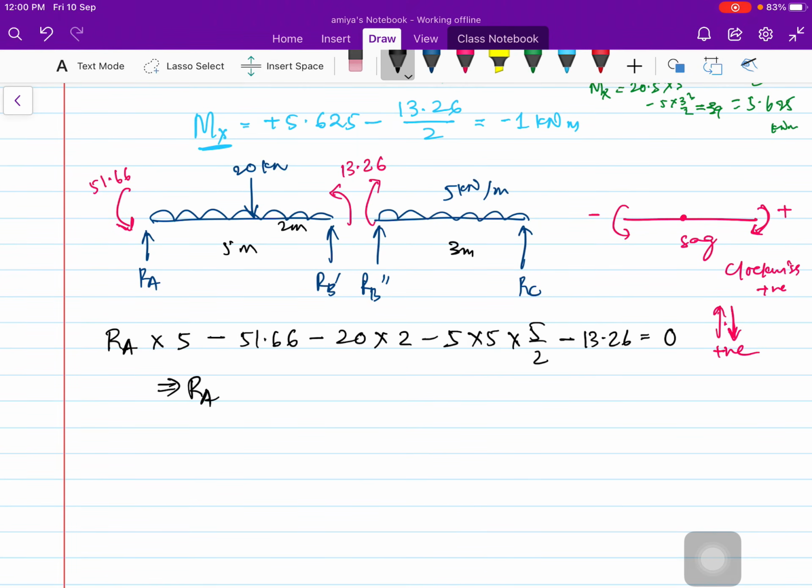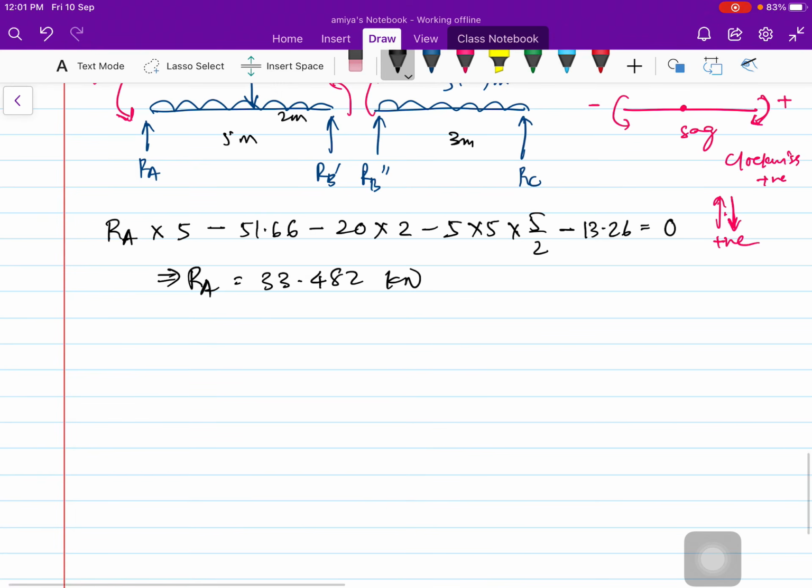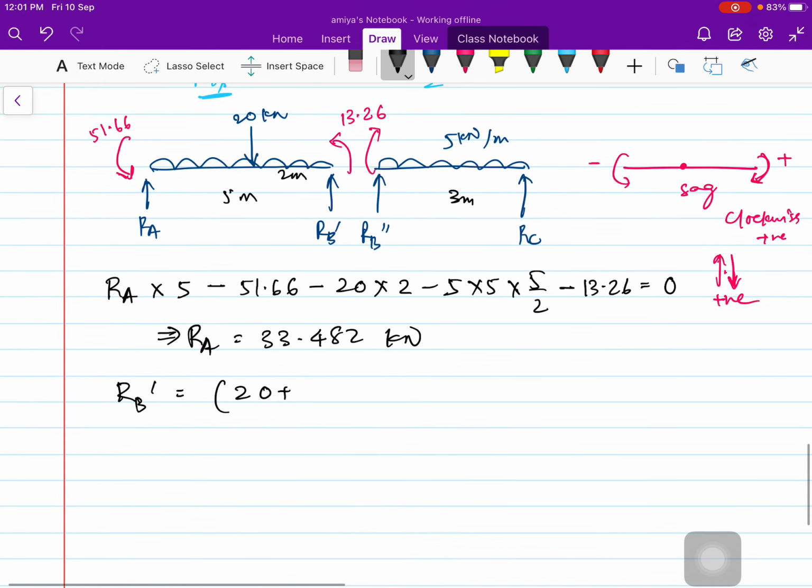So we get RA is equal to 33.482 kilonewton. This is the reaction at A. Coming to RB dash, for that span the total load is 20 plus the UDL 5 into 5, minus RA, which gives 11.518 kilonewton.